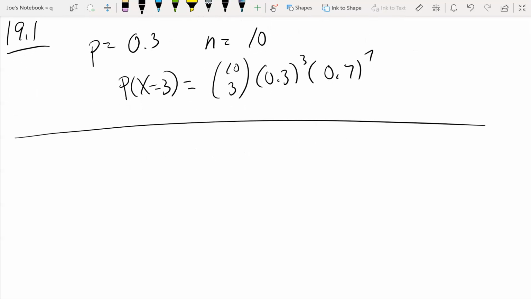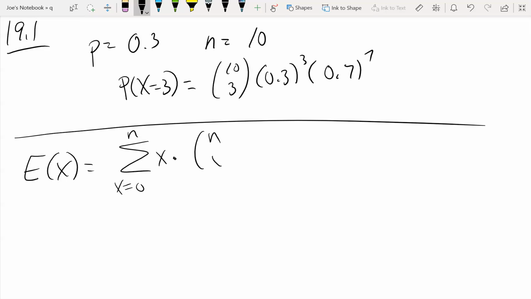So let's say we want to do the expected value. Our expected value formula again is you take x and multiply it by the PMF, right?